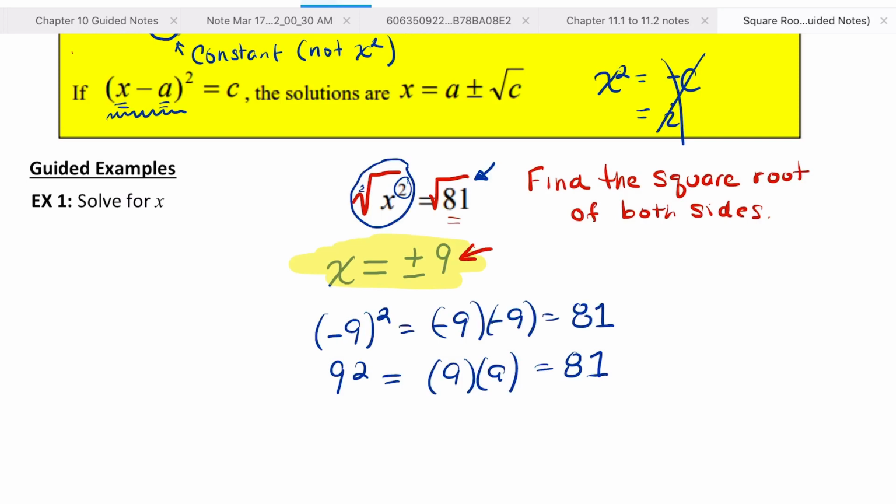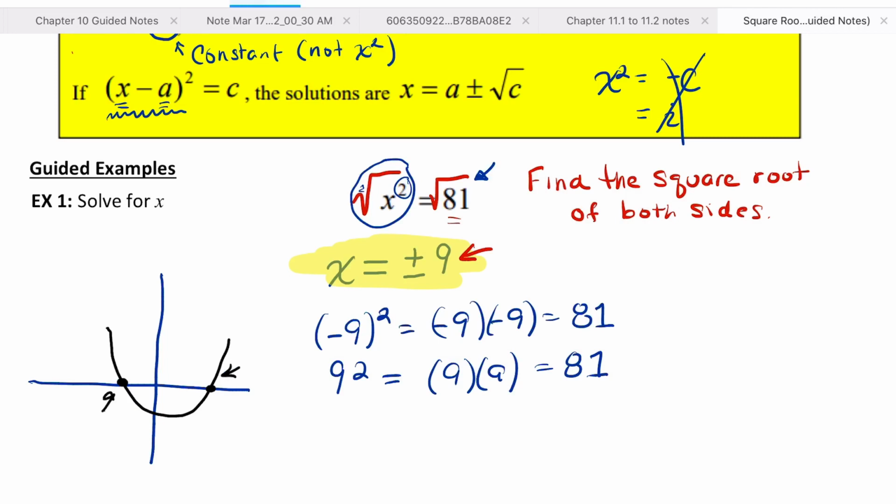And that's been a recurring theme in our quadratic unit, that we end up getting these dual solutions. The reason for that is because the graph of a quadratic is a parabola. And if it has real number solutions, it's most likely going to go through or intercept the x-axis.